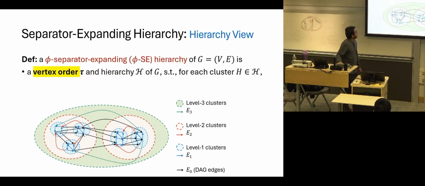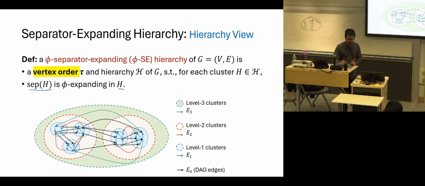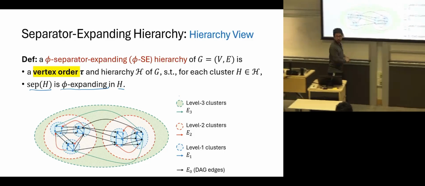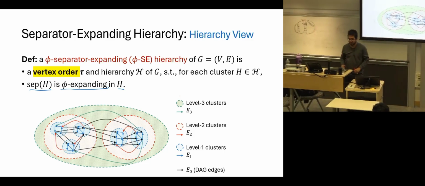And so the SE hierarchy consists of a vertex order and a hierarchy. Not just a hierarchy, it has the vertex order too, such that the separator for each cluster is expanding. So I could draw all this in one line, really.